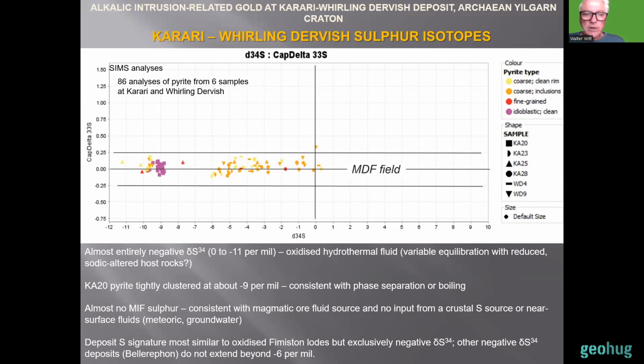Also notable in this diagram is the complete absence of mass-independent fractionated sulfur. All the sulfur in pyrite is plotting in the MDF field. Now, this is perfectly consistent with the ore fluid having been derived from a magma derived from the mantle, as, for example, the associated syenitic intrusions represent.